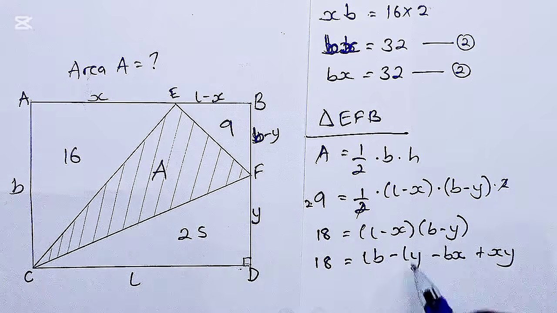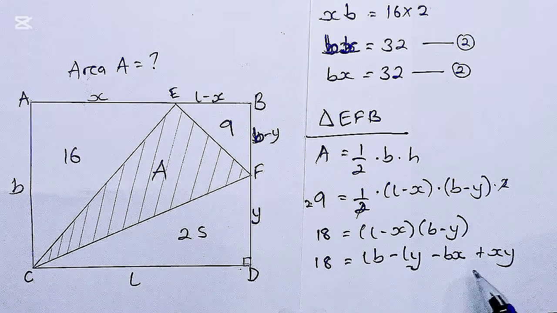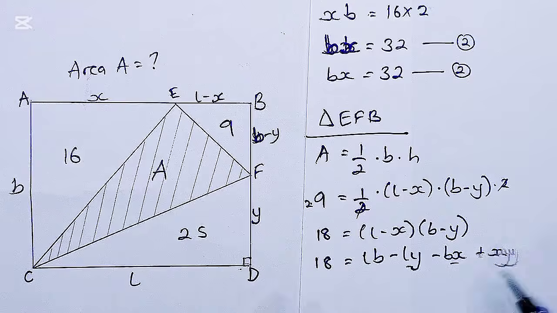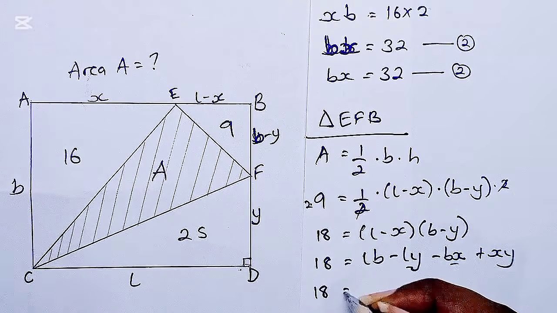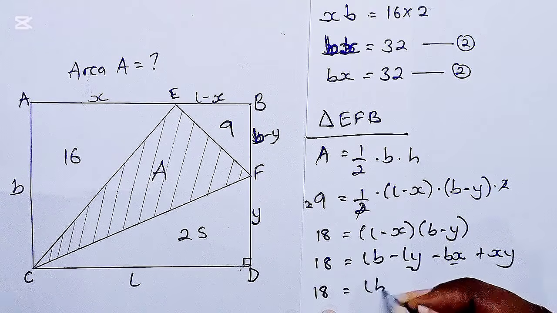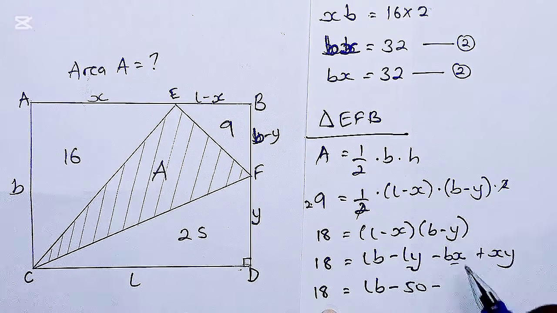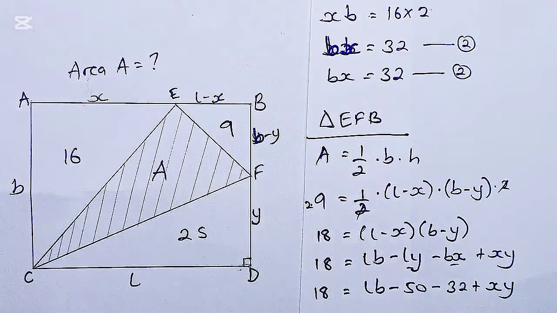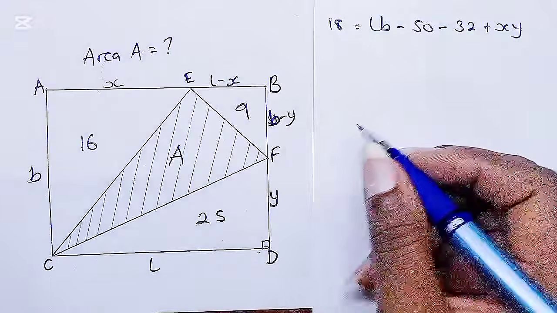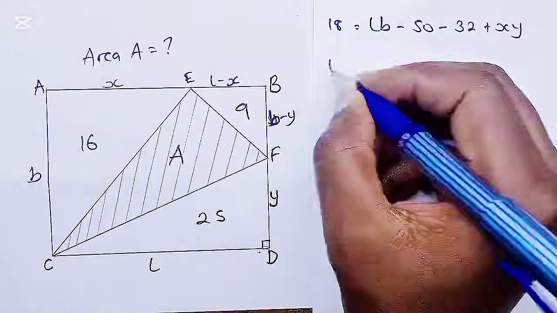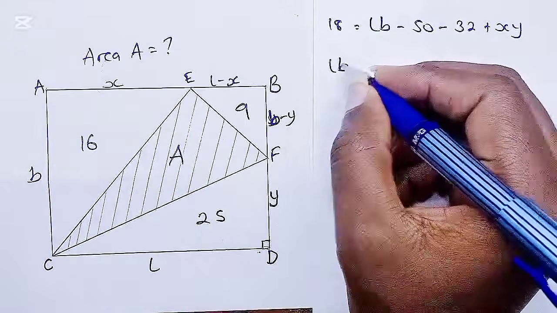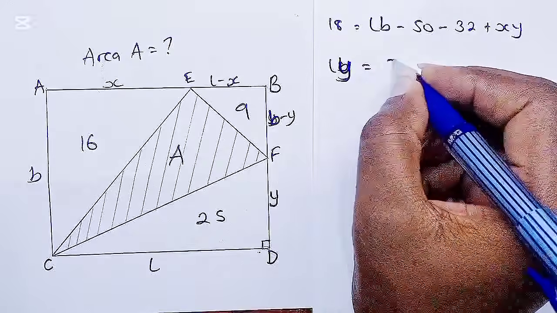From equation 1, we have the value of LY, and from equation 2, we have the value of BX, so we're going to replace them. Therefore, 18 is equal to LB minus LY, which is 50, minus BX, which is 32, plus XY. From equation 1, LY is equal to 50.